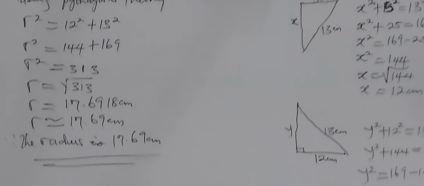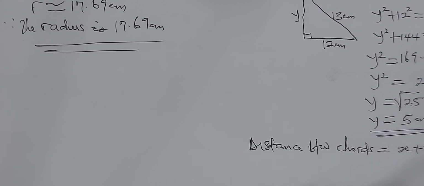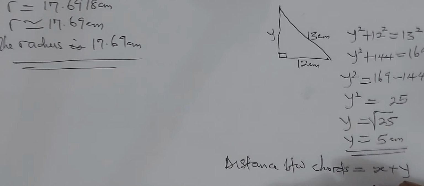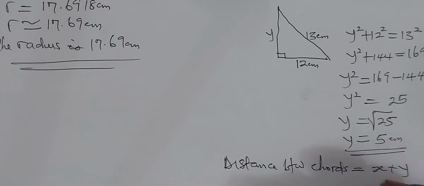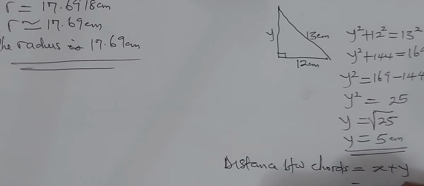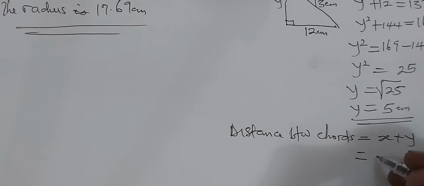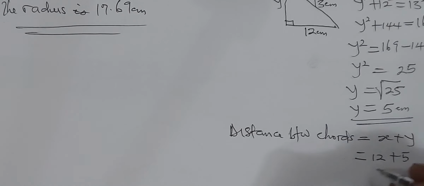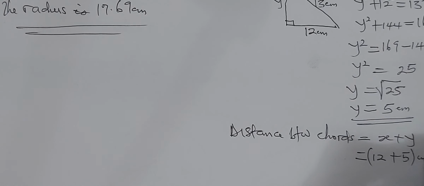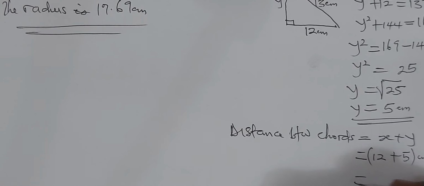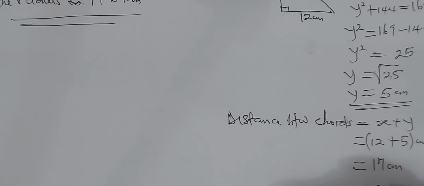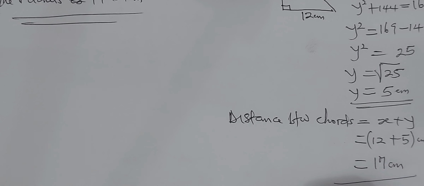So let's add our values of x and y, which we have gotten. x is 12 and y is 5, so 12 plus 5, all in centimeters. And so we have 17 centimeters as the distance apart.